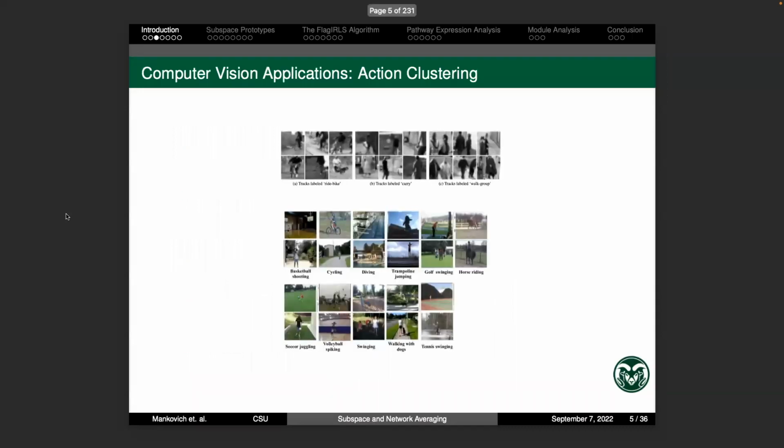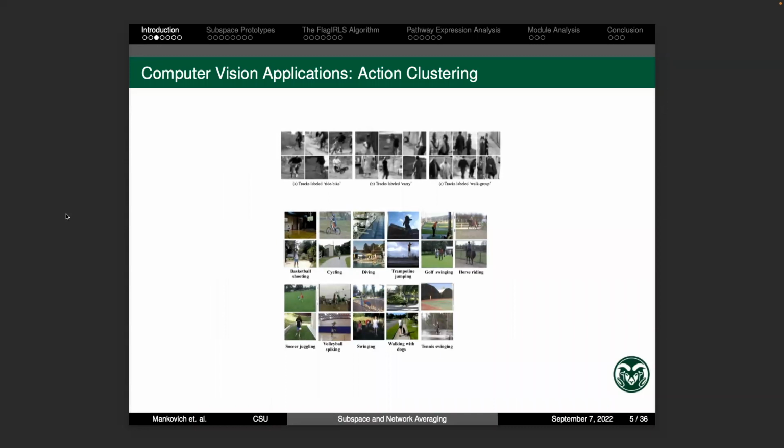First off, we're going to be talking about computer vision data. I'm an applied mathematician, so I really care about applications here. This is two different data sets.